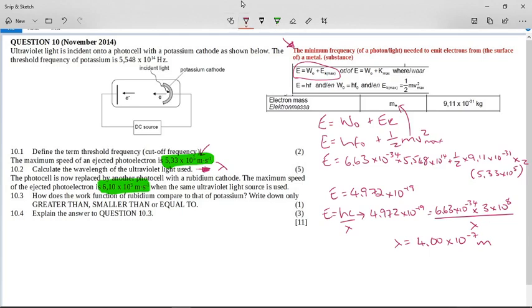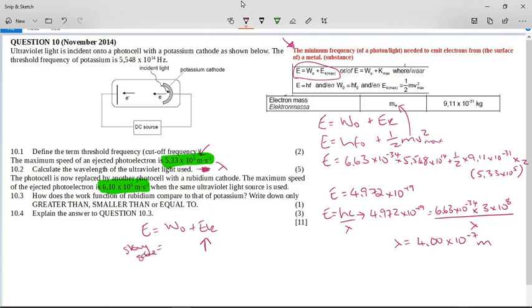So now the rubidium's maximum speed is greater than the potassium's maximum speed. So if you look at that formula, the energy that you put in is equal to W0 plus EK. But now the EK has gone up. The E has stayed the same because we didn't change the light.